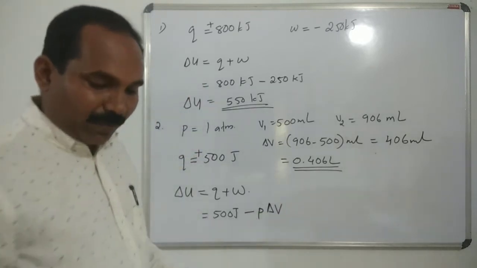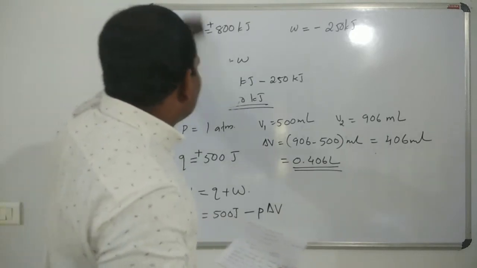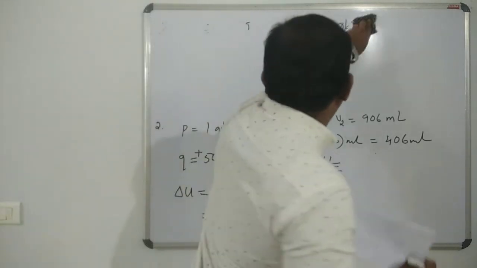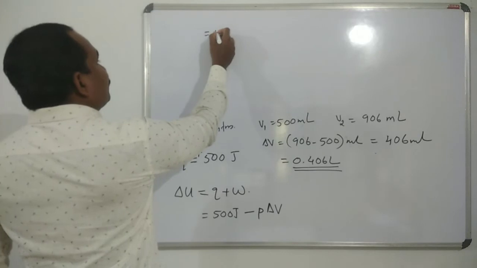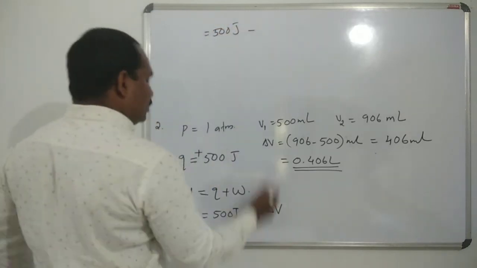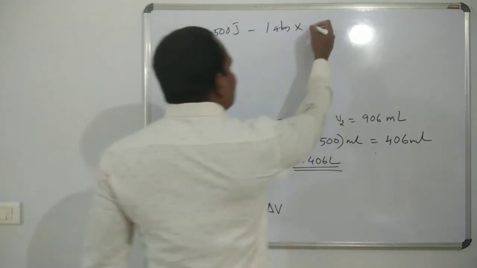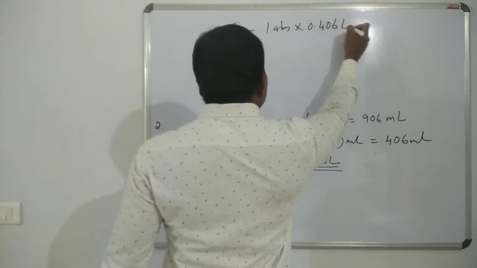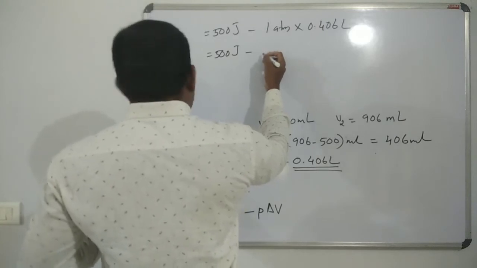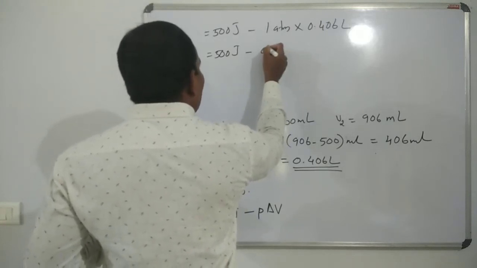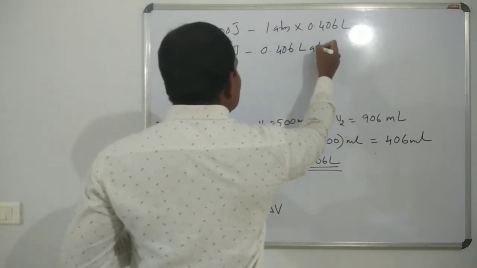W is equal to PΔV. Then substitute the values of pressure and change in the volume. It is 500 joule minus pressure 1 atm into volume change 0.406 liters. Then it is 500 joule minus 0.406 liter atm.